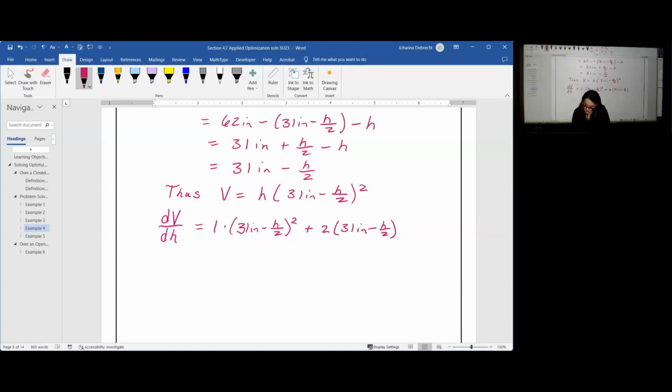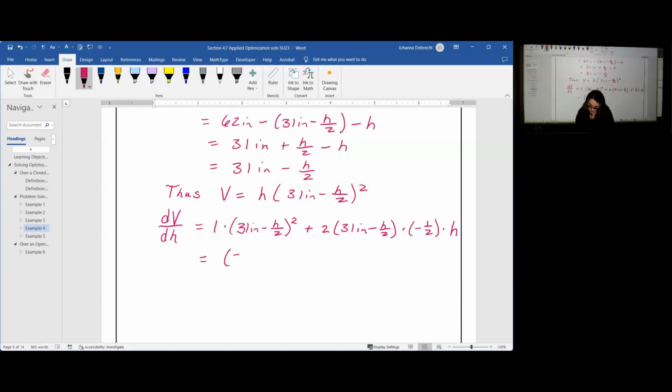The power reduces to 1, and the derivative of the inside with respect to H is negative 1/2. Then I multiply by the first factor, which is H. The 2 and the negative 1/2 will cancel, but it will give me a negative here and H multiplied by what's left. Let's go ahead now and multiply out what we have left.